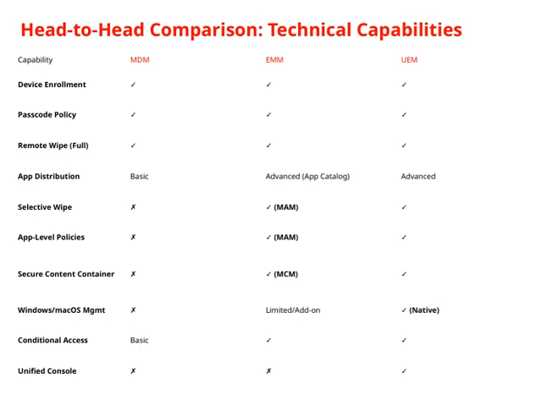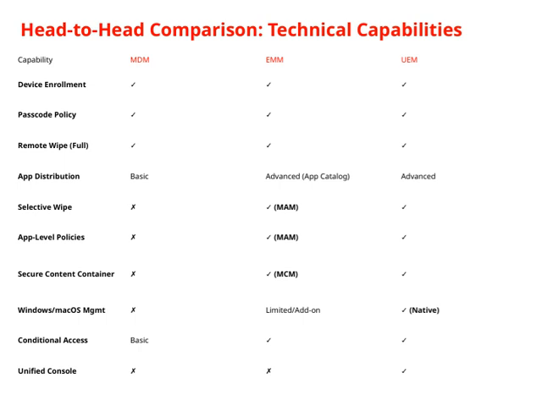When managing Windows and macOS devices, MDM offers limited or add-on capabilities, whereas UEM provides native management for these platforms, making it more seamless and comprehensive. Conditional access is supported across all three, but the implementation varies from basic in MDM to more advanced in EMM and UEM, reflecting their capabilities for enforcing access policies based on context.